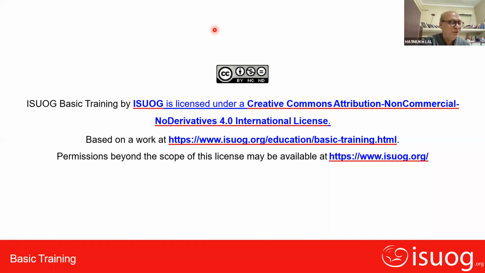So do we go to the polls? Post polls. Yeah. Are the participants able to see the post polls? We will have to click on the polling button.